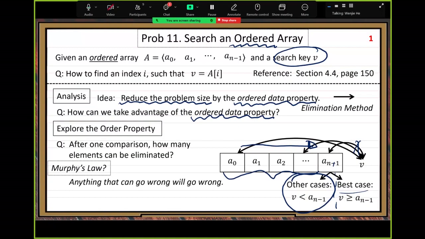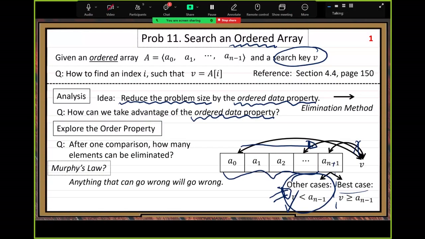Based on Murphy's law, we don't want to hit this case, because the prediction range is too big. But Murphy's law tells us we need to seriously consider this non-best case, because there is a high possibility it could happen.